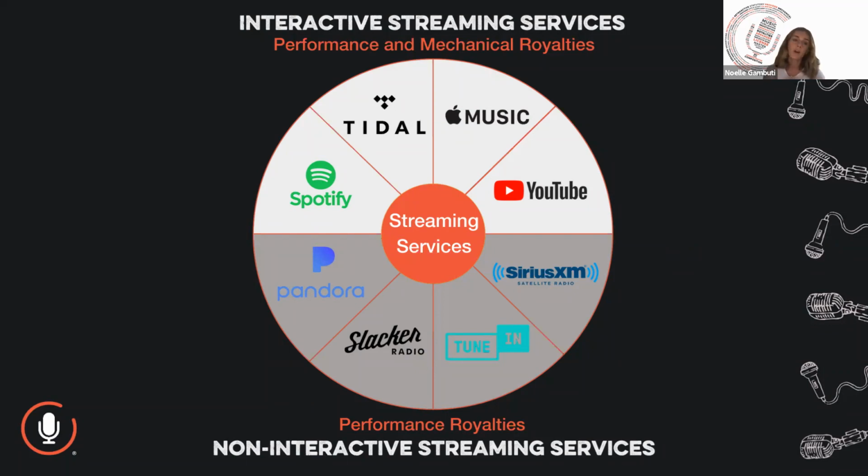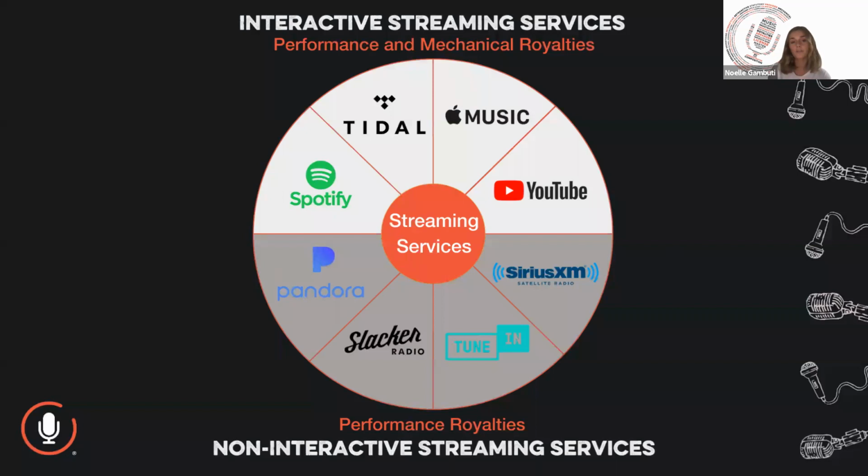Interactive streams are basically anything where a user is using a DSP, or digital service provider, like Spotify, Apple Music, or Tidal, where the user is choosing their next song. They're typically paying a monthly subscription fee to use that interactive streaming service. And those interactive streams generate both performance and mechanical royalties on the publishing side, just like Marvin mentioned.